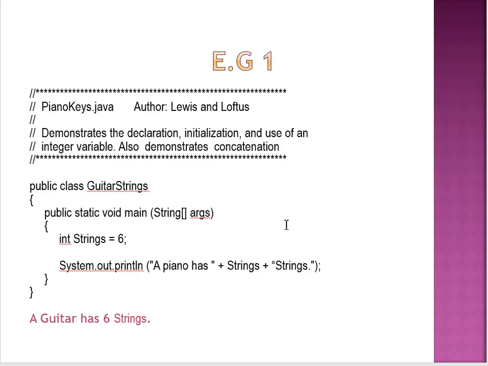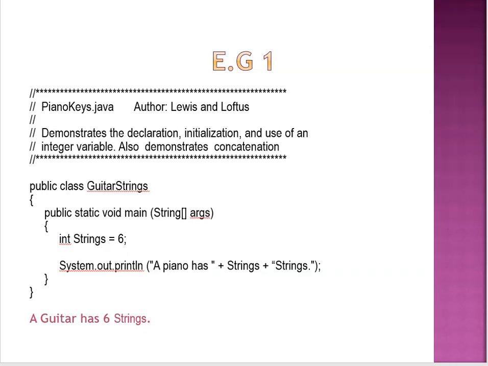Notice we have declared the variable strings, integer strings, obviously strings of a guitar. We have declared it and assigned it a value, or initialized it with a value of 6. So now we want to print its content. Have you noticed? Here we are actually printing out.